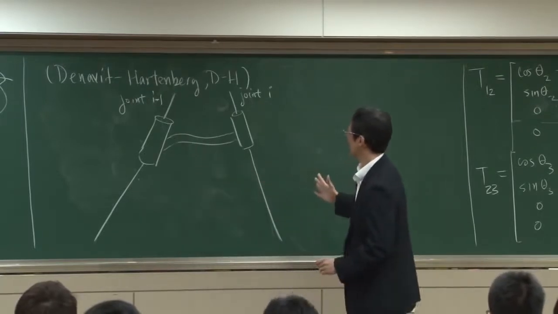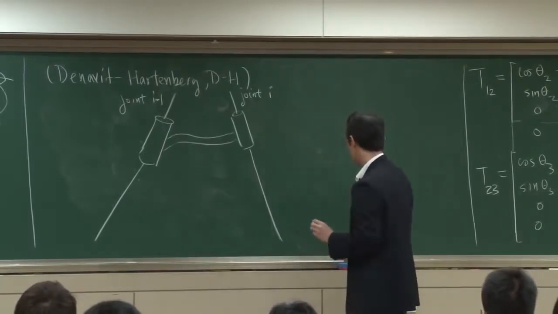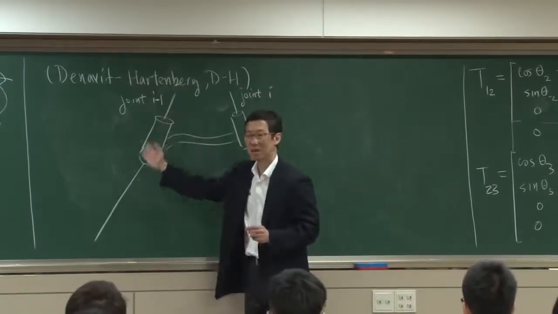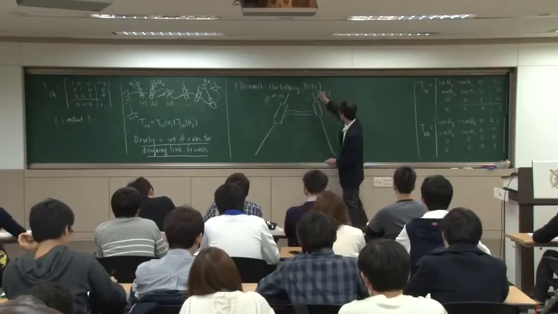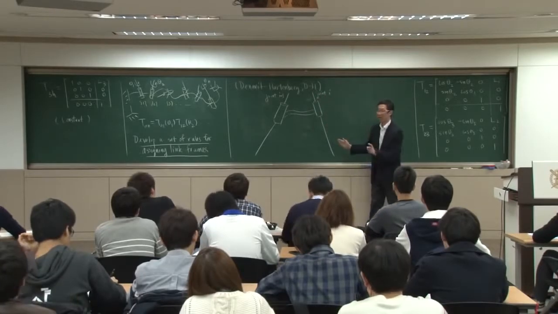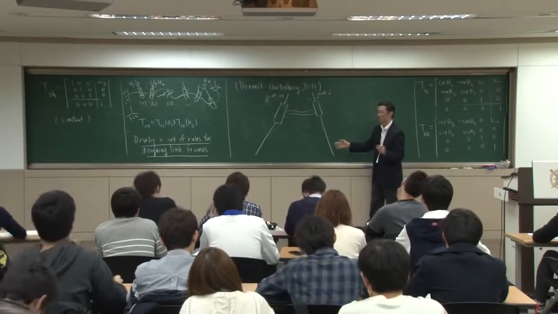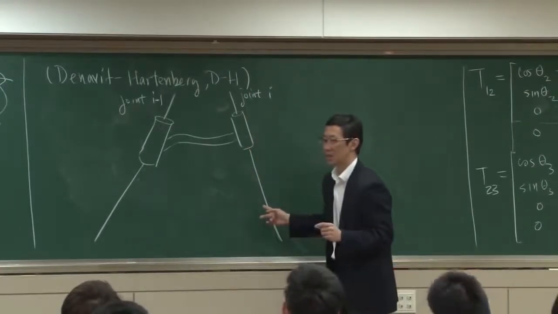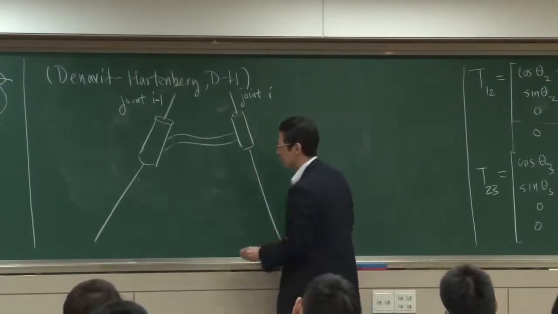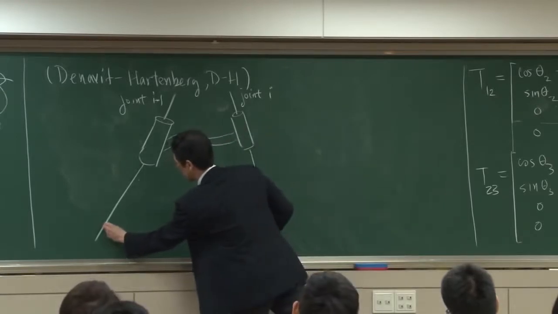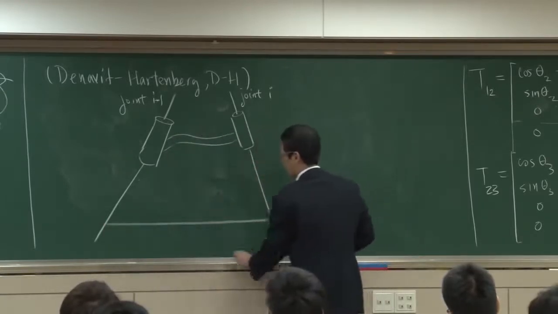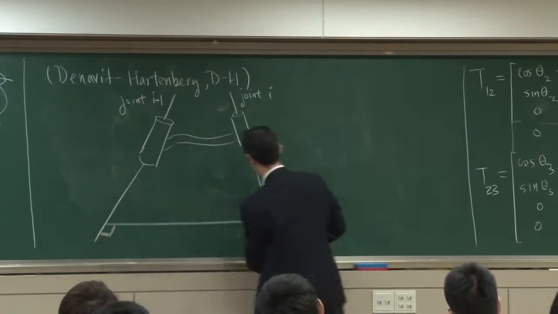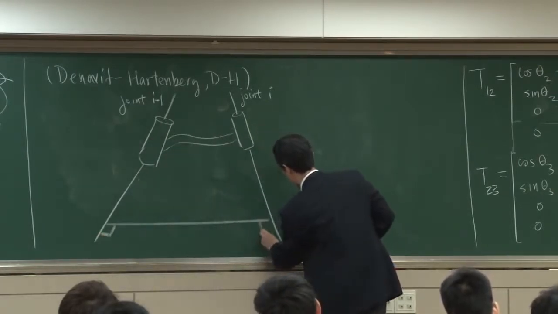So here's our rule. First thing we're going to do is find the joint axes. So here is the joint axis, here's joint axis I. Now we're going to draw a line from this axis to this axis, and this line has to be perpendicular to both. Perpendicular here and also perpendicular there.